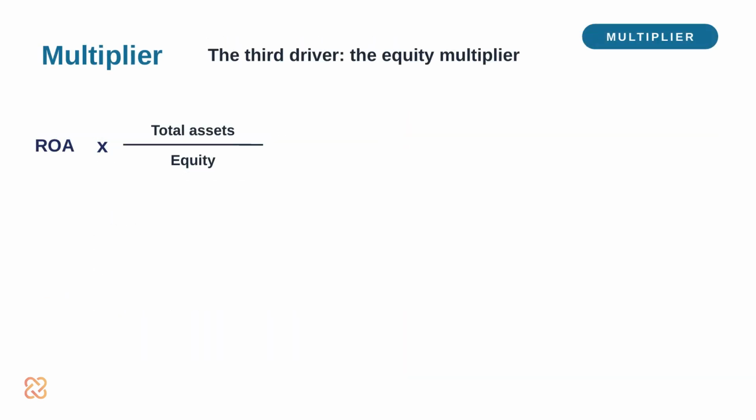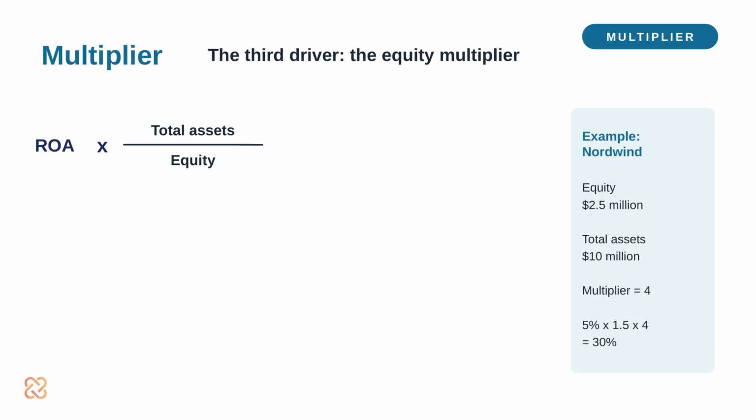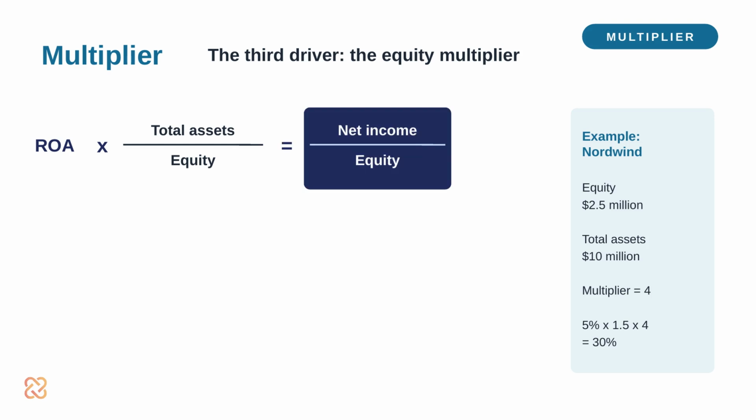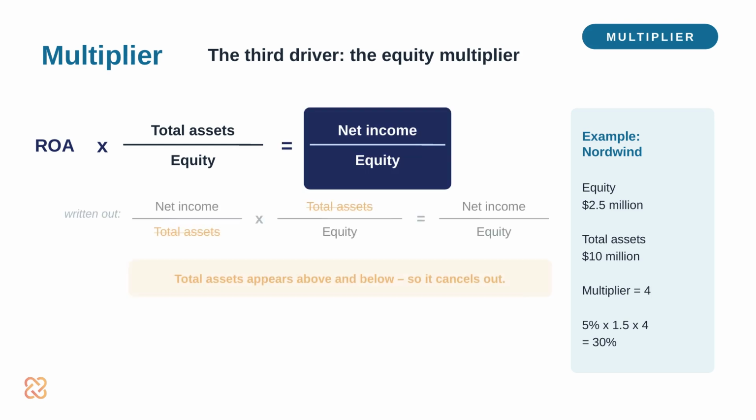Now to the third driver, the one that turns return on assets into return on equity. It is called the equity multiplier, and the formula is total assets divided by equity. Nordwind's $10 million in assets are financed with $2.5 million in equity. 10 divided by 2.5 gives a multiplier of 4. 7.5% multiplied by 4 therefore gives a return on equity of 30%.